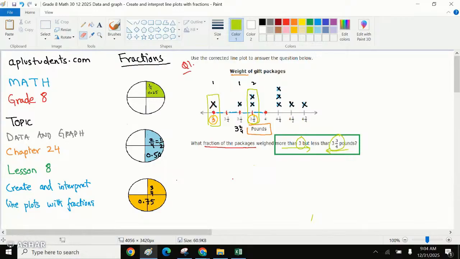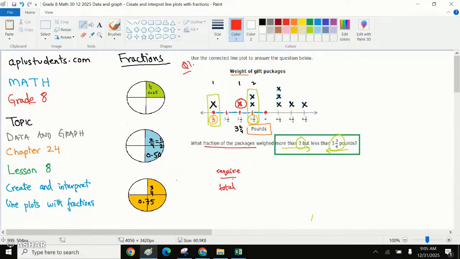So there is only one which we can find, that is in the middle over here, right? That is between 3 and 3 whole 3/4. That means there is only one gift package which has a weight between 3 and 3 upon 4. So we write the answer for the fraction: the total is at the bottom, and this is our required.